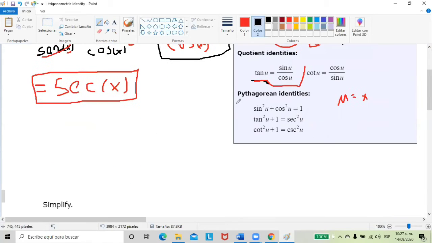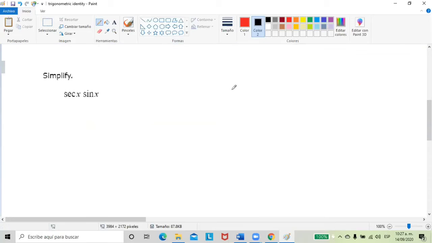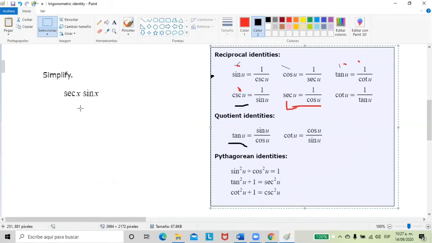Okay, so let's do another exercise. We need to simplify secant of x multiplied by sine of x. So now what do we do? The first step, we must use the reciprocal identity. So the secant is equal to 1 over cosine.